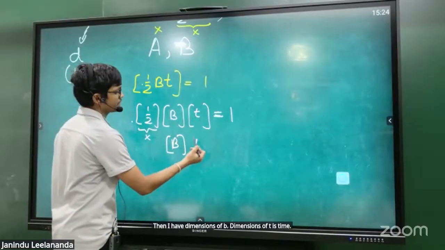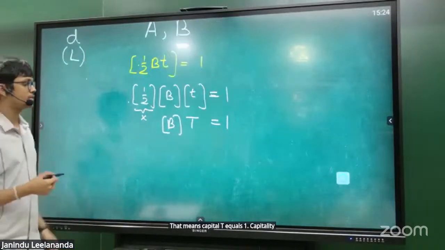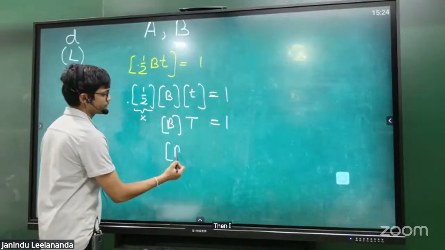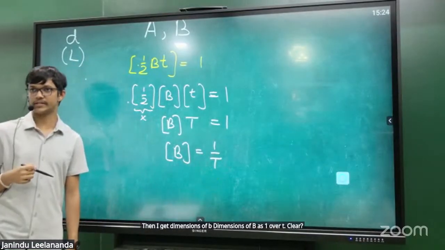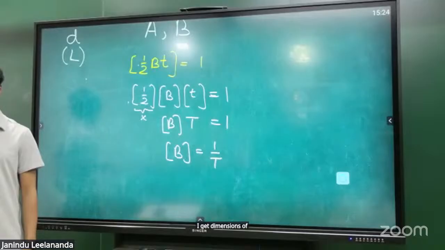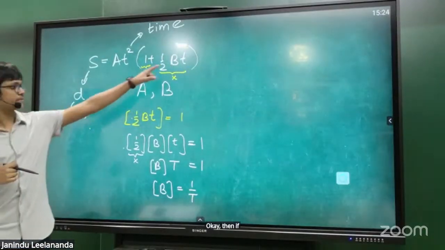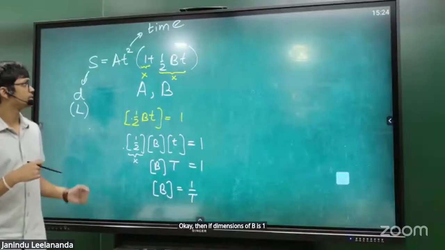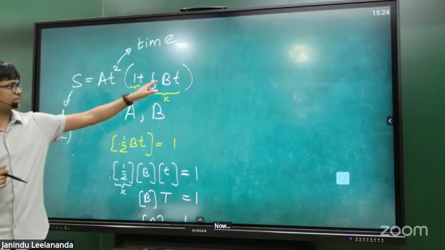That means capital T equals 1. Then I get dimensions of b as 1 over t. Clear? Everyone? Okay.